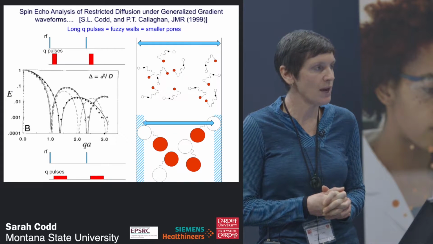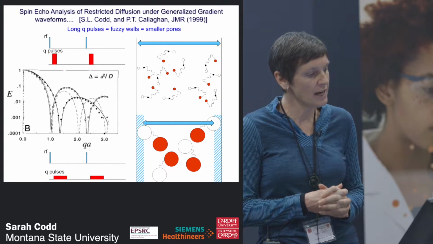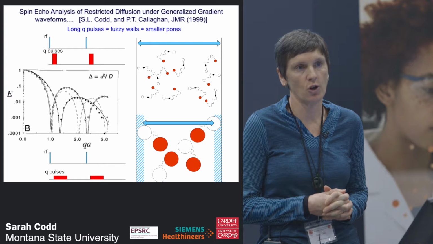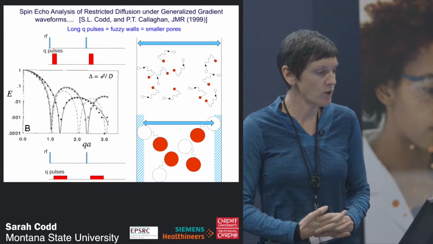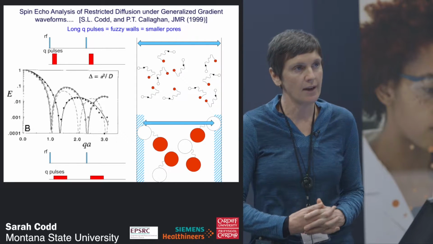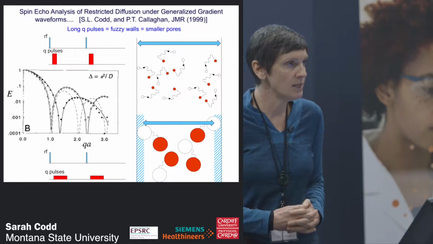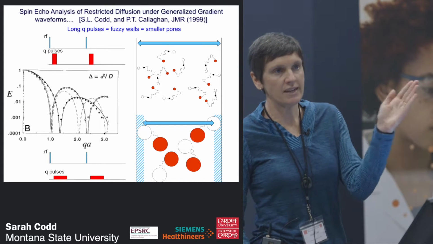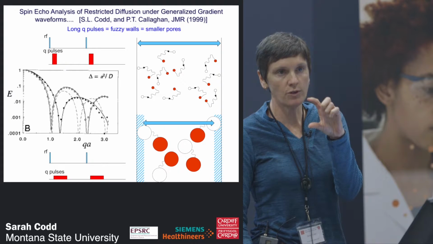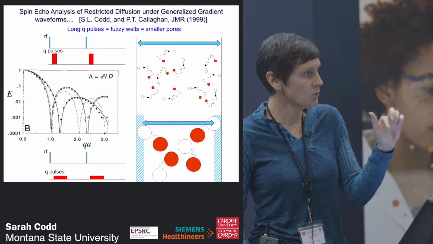And so the idea was, can we get this structural information out? What happens if our pulses are no longer narrow, but we actually have finite gradient pulses? And so some of the work that I did with Paul, building off of work that Arvind Kaprahan had been coming up with, was the idea of representing a finite gradient pulse as a whole lot of small narrow pulses with a time delay in between them.